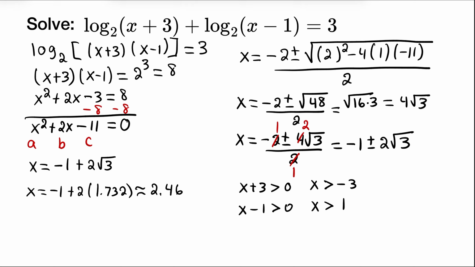Okay, so now let's check the next solution. And so that is x equals negative 1 minus 2 root 3. Now we can see that this is negative, which is automatically invalid. So we have the correct solution, which is our final answer, x equals negative 1 plus 2 root 3.